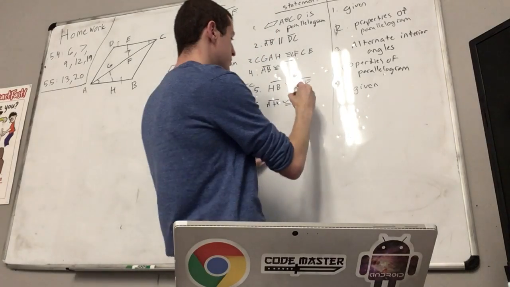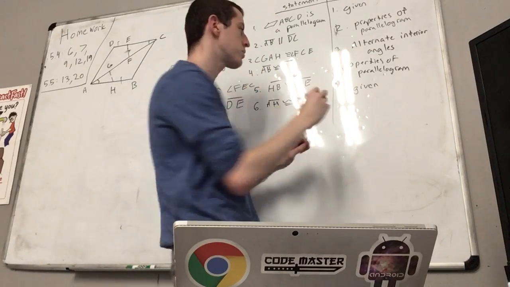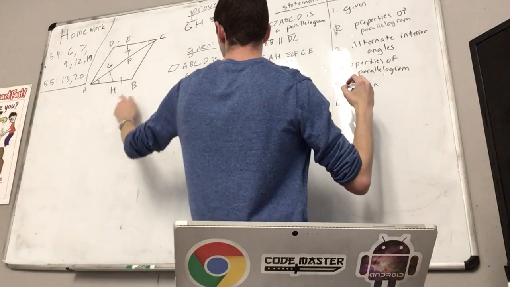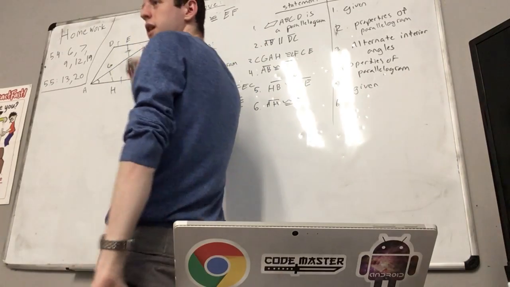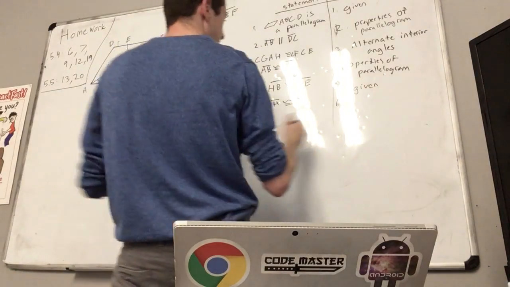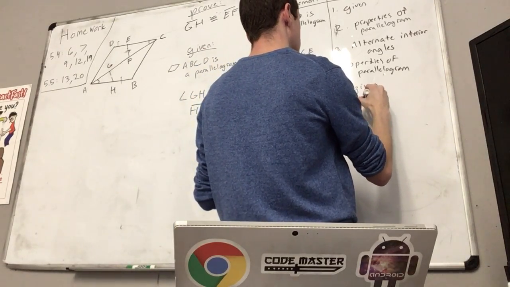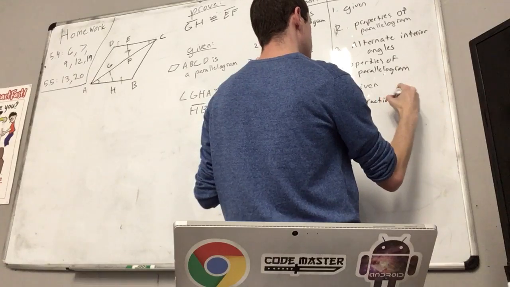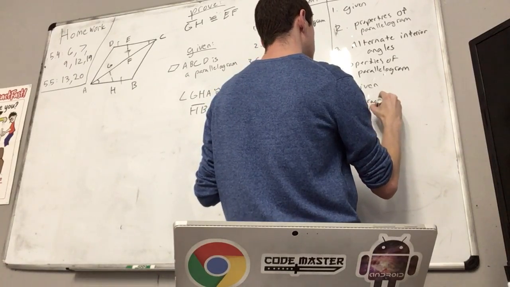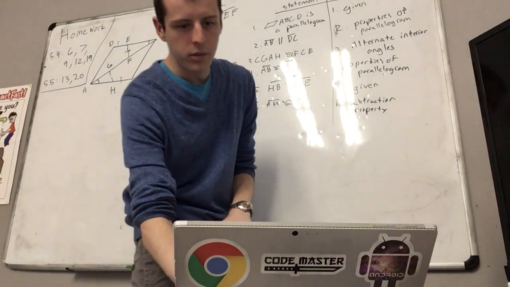This is subtraction property. If they're congruent, we know a congruent singular part, we know the last segment is also congruent. Subtraction property. Okay, we're almost there.